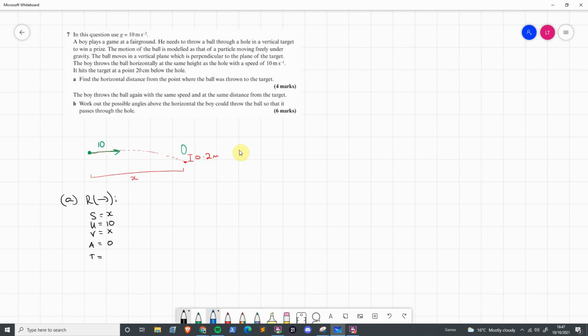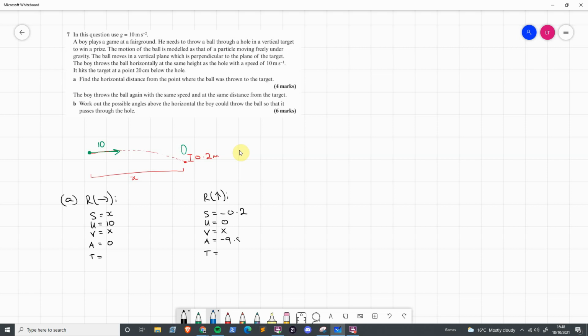So we'll probably resolve vertically to try and find that value of time that we are after. So we know in terms of this, he's gone 0.2 down because it's gone from the level surface to 20 centimeters below, so minus 0.2. The speed is 0 because he's not throwing it in any way up or down, it's just directly across.